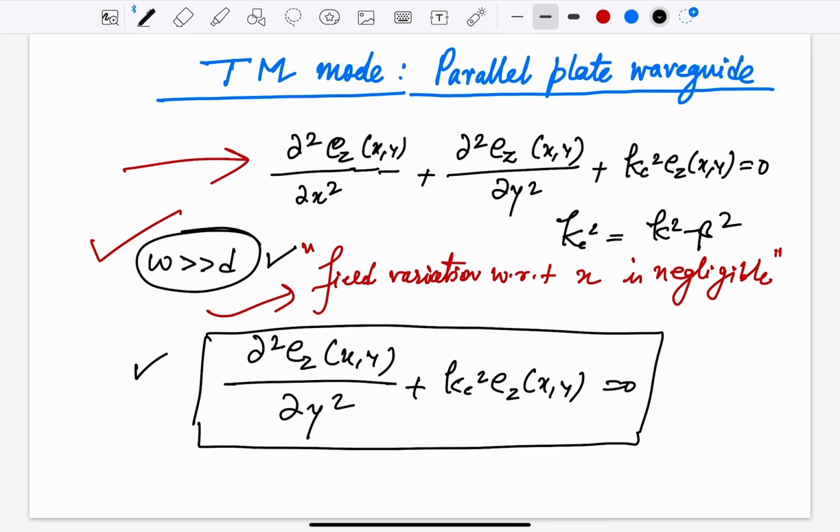This was the same earlier for the TE mode also, so this is actually the same cutoff wave number for TE modes, and also the TM modes.